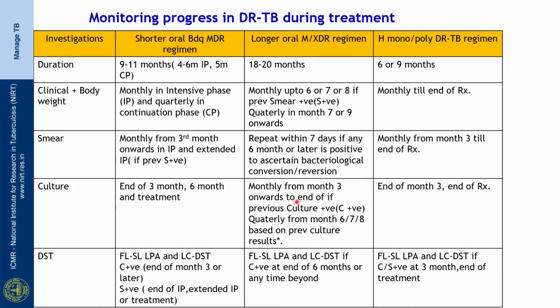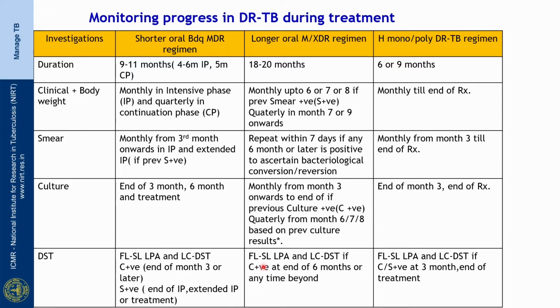Culture is needed monthly from month 3 onwards to the end if the previous culture is positive, and quarterly from month 6, 7 or 8 based on previous culture reports.